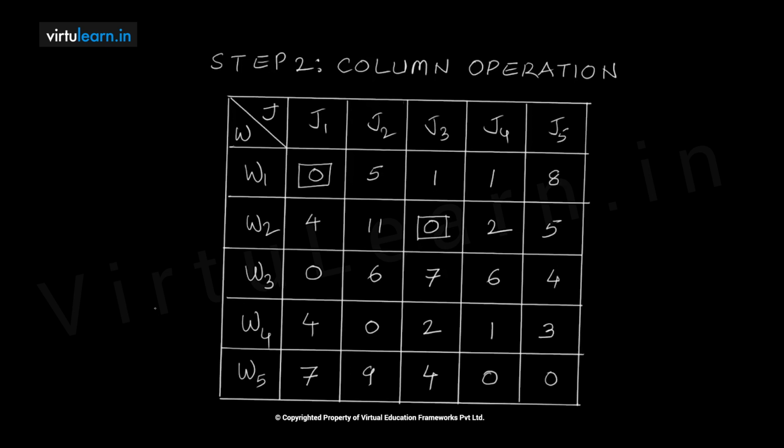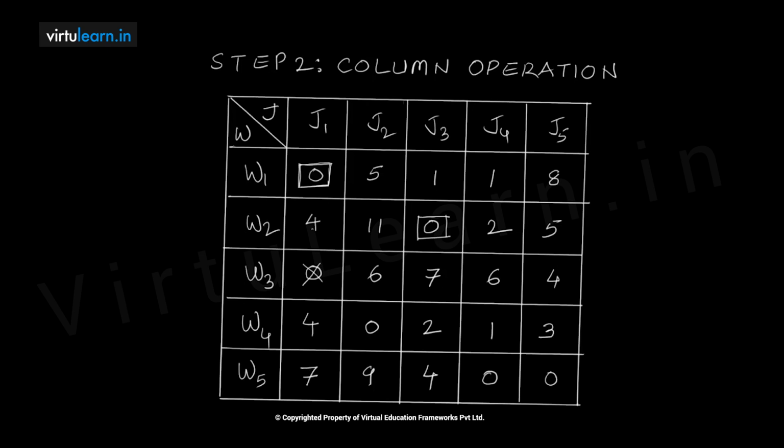One thing we forgot. When we are marking the first row, where we observed the single zero, while marking we have to check for any other zeros in the column. Then we have to strike out any zeros that exist in that column.